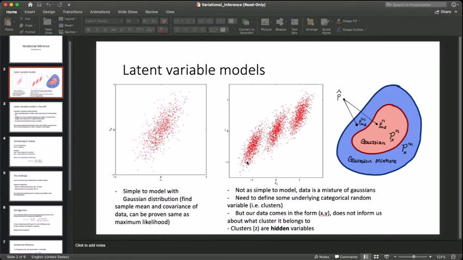So if I give you point 0, 0 on this plot, which Gaussian did it come from? Does the point 0, 0 alone tell you which Gaussian it came from? I mean, assuming each Gaussian is a different class?